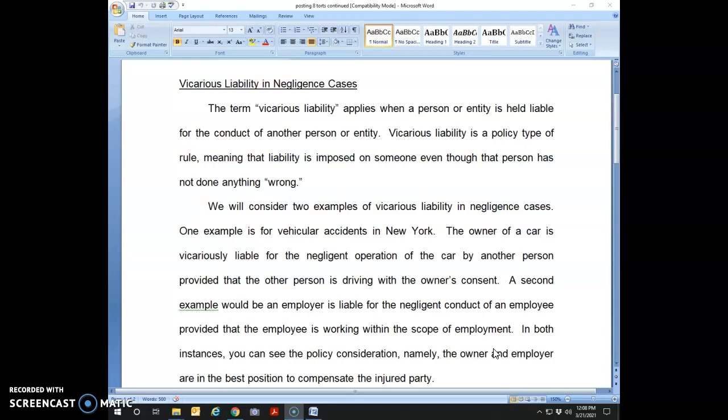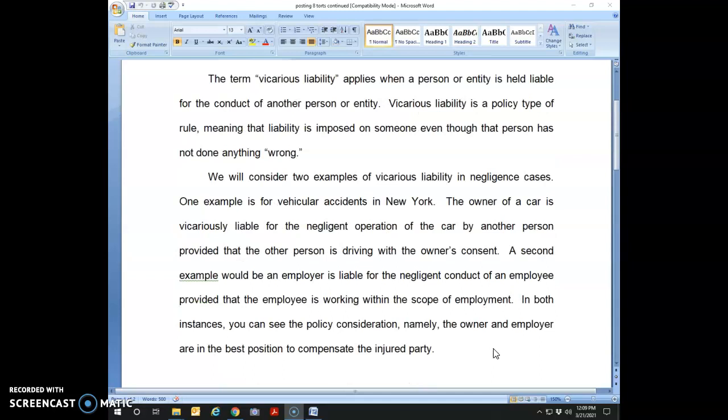The vicarious liability that we're talking about here is really based on public policy considerations to, it would seem to me, increase the certainty that somebody with some money in their pockets or insurance in place can be looked to for recovery, under circumstances where we would think it's fair to hold that person liable.